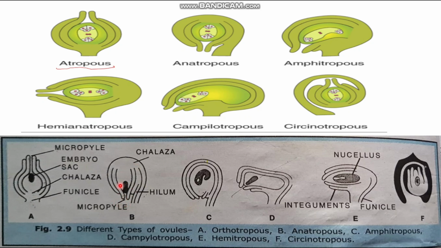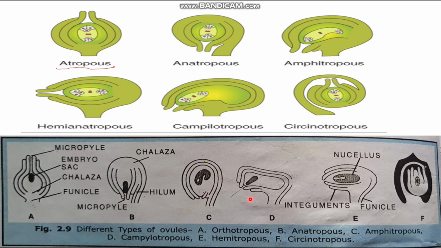Here the micropyle and chalaza are in a single plane, but the hilum and funicle are not in the same plane. There is a 180-degree rotation or curvature. Here this is the hemitropous or hemianatropous ovule, where the ovule is bent 90 degrees. In anatropous it is 180 degrees. And in the circinotropous ovule, the last one, F, the ovule is bent 360 degrees.